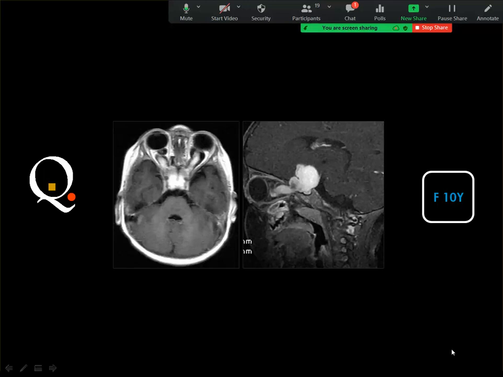Okay, then we shall proceed into the next case, and this is a female child, 10 years old, with, as you can see, bilateral optic nerve masses that also extended to involve the chiasm with intracranial extension, as you can see here.